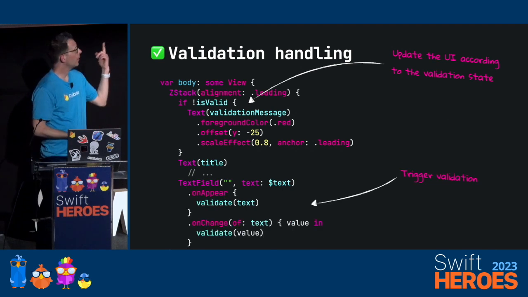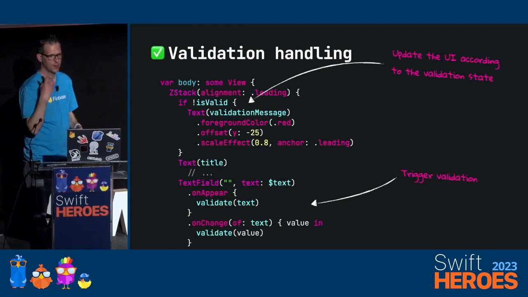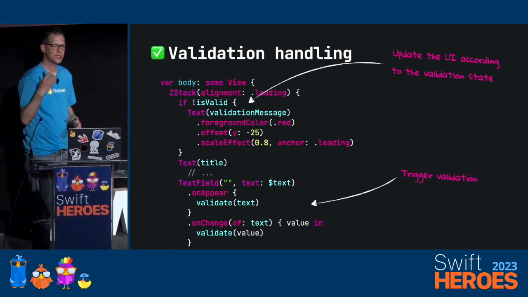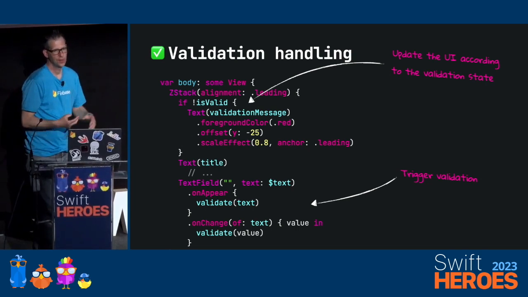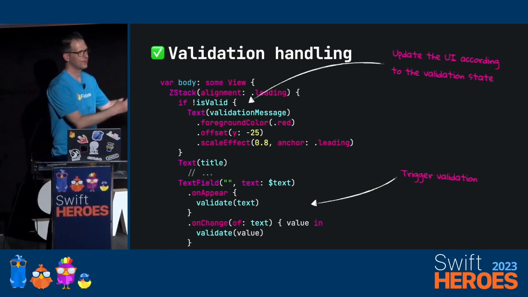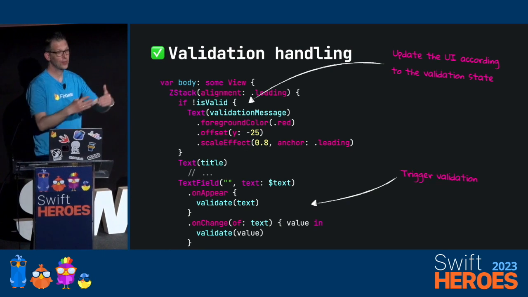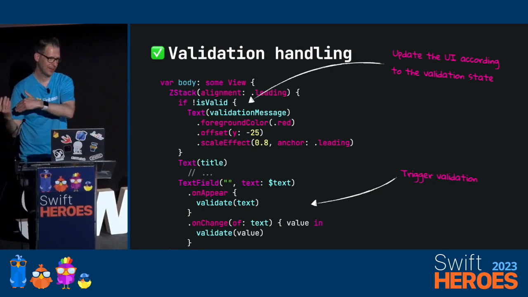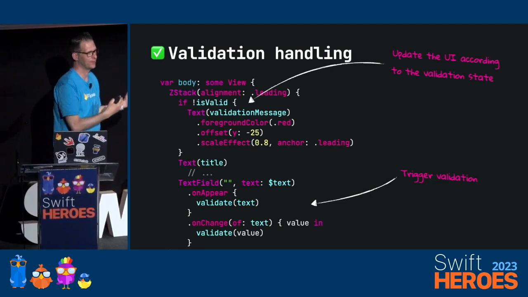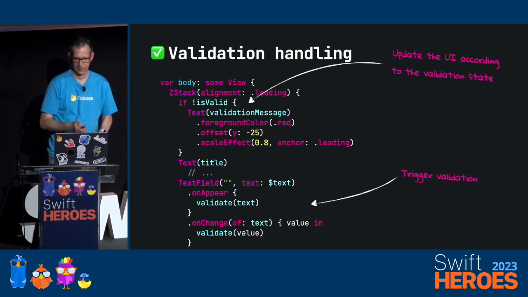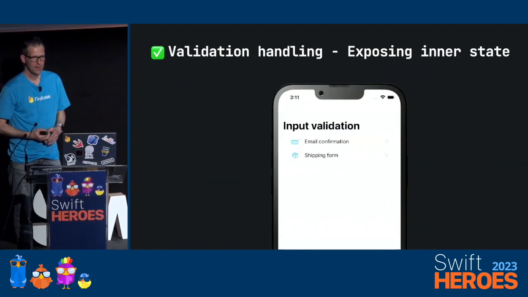All right, and then on the text field, we'll hook into the onAppear and onChange events, to make sure that whenever the value changes, we perform the validation, but also when it first appears, right? Because it might be empty when it first appears, and that might or might not be valid.